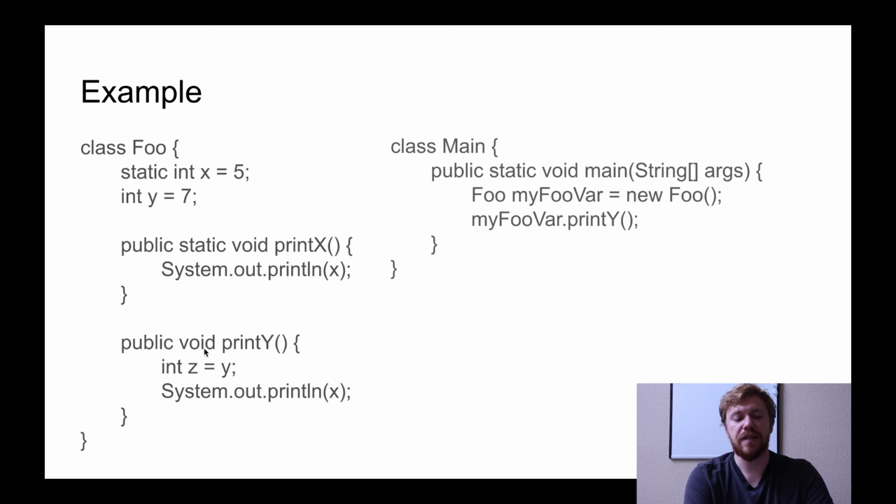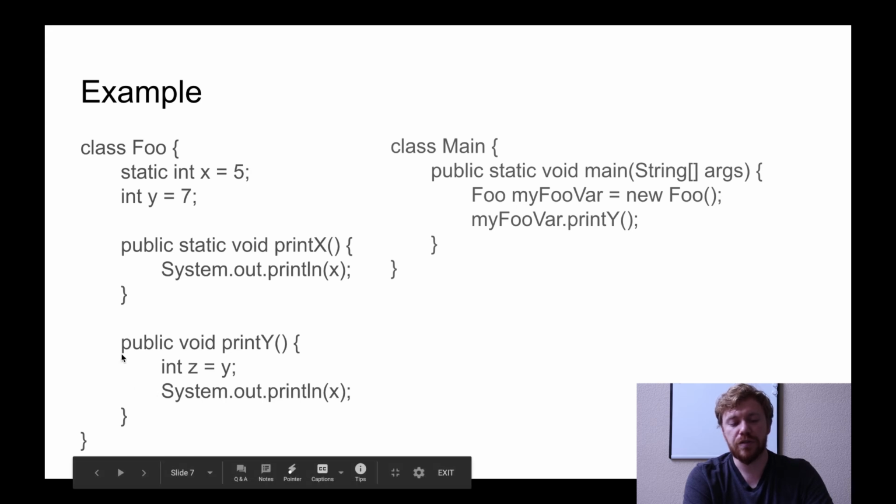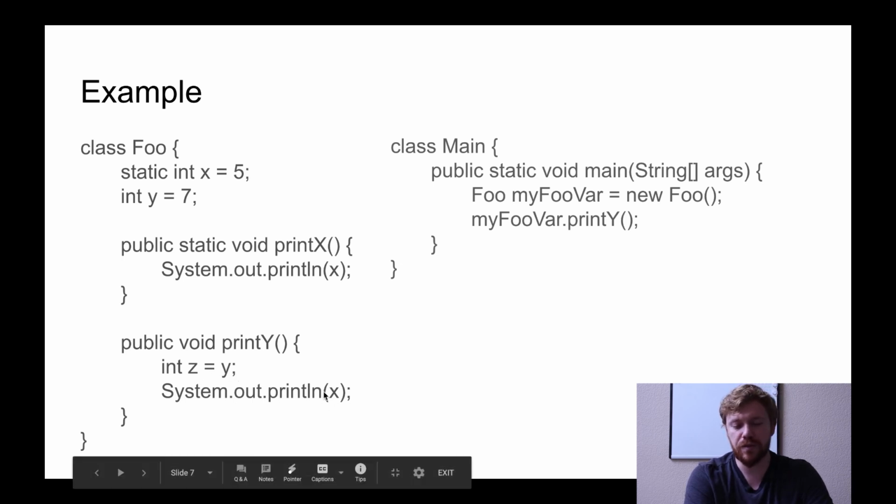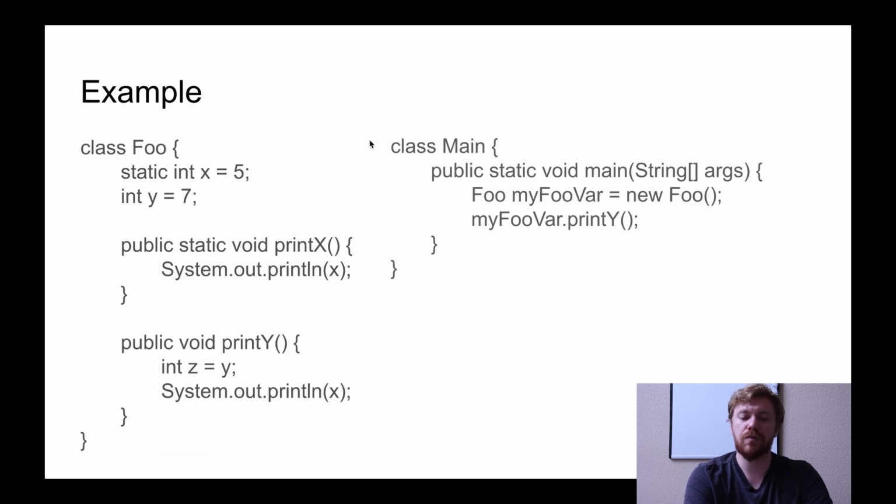Foo has a non-static method called printY. The instructions for printY basically create z by finding whatever the value of y might be, and then print, this should be z. These instructions get saved in the code region. I also have a class Main, and that will get saved into the code region.